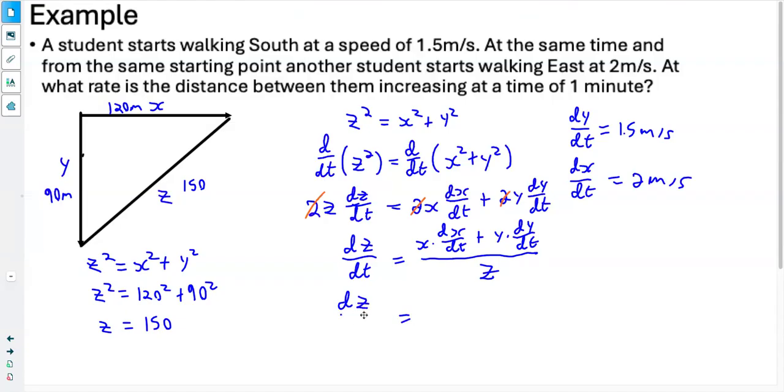So we've got dz dt when we're looking at a time of 1 minute. A time is 60 seconds.